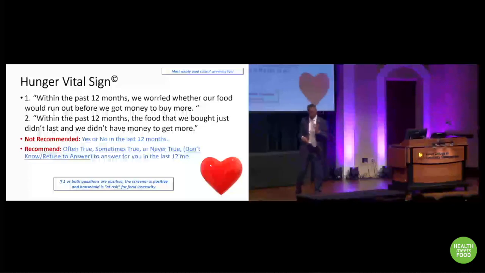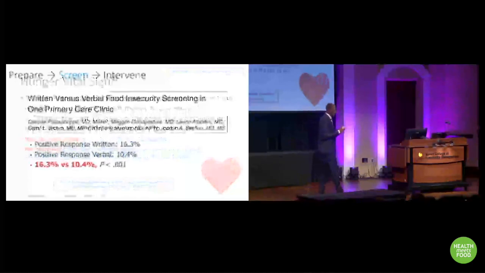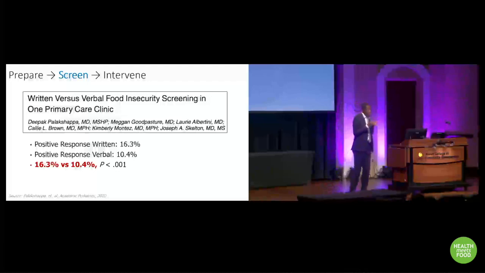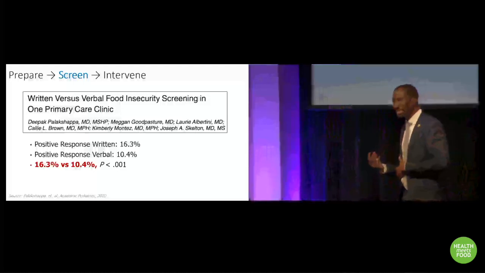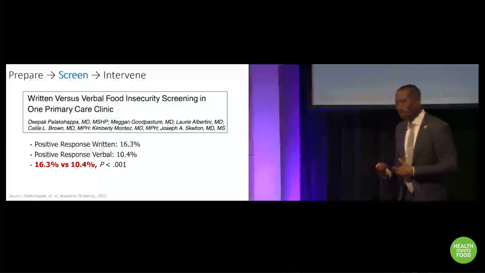All right, let's talk about this paper piece. Some interesting data used the yes or no variable, so it didn't even get the high responses they would have gotten with often true, sometimes true, or never true. They saw a statistically significant increase in positive responses when they used the written version versus a verbal version. We all have our own quirks, right? When we ask, we take shortcuts. We say, oh, are you hungry?